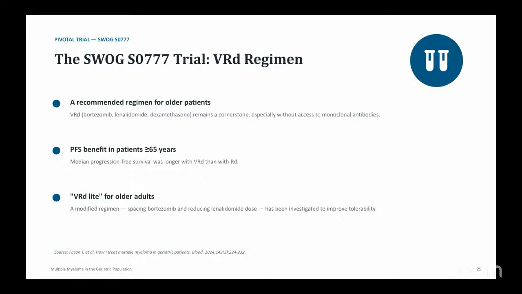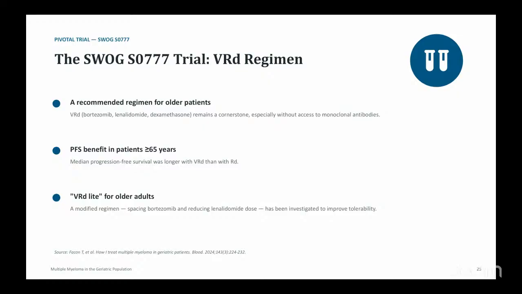Now, the last trial we'll briefly look through is the SWOG S0777 trial, which established the superiority of the VRD combination over RD, proving significant survival benefits for older adults with multiple myeloma. Now, a very interesting aspect showed that the full dose toxicity was difficult for older adults to tolerate.